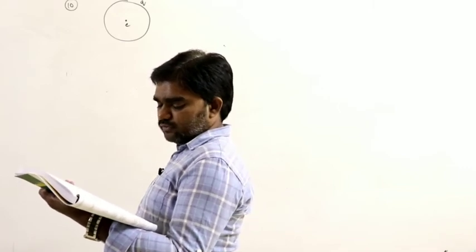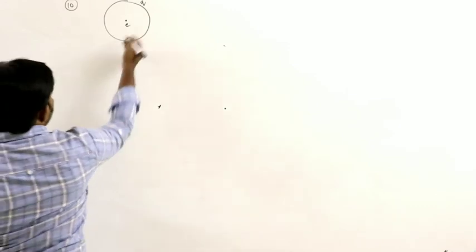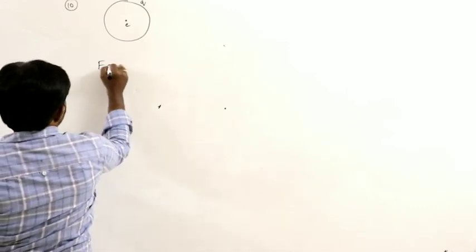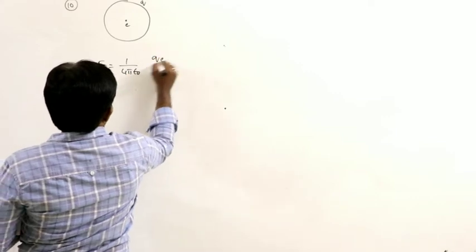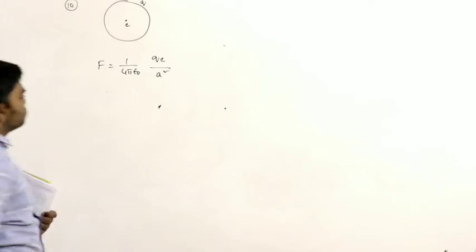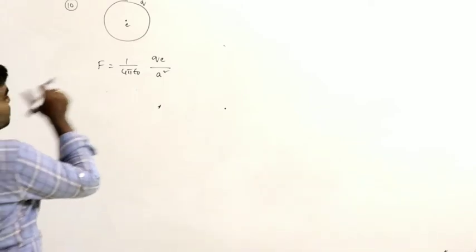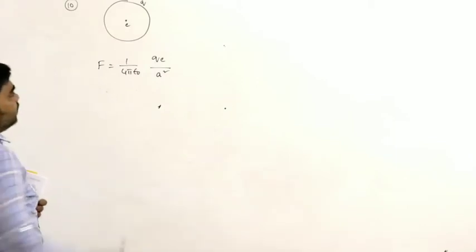How can you calculate the frequency? The electrostatic force between these two, F, is generally 1 by 4 pi epsilon naught Q E by, what is the radius given as? A square. But here the charge is uniformly distributed at any position.